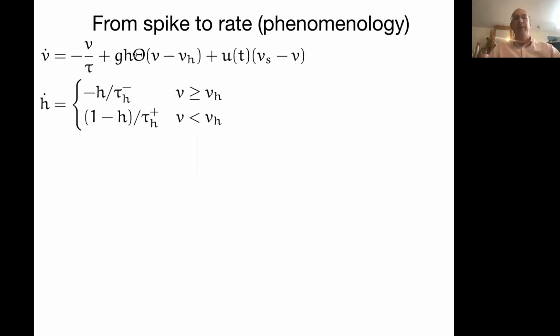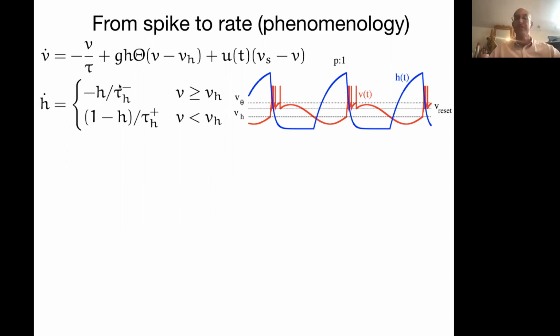H is a gating variable that won't always be felt by neurons. This term here is a switch that allows you to feel the rebound current. If you're above this magic value VH, you feel the current, and if you're below, you don't. And what does this H do? It just decays to rest, or it gets pushed up to 1. So populations of channels open and closed, depending upon whether you're above or below the magic threshold.